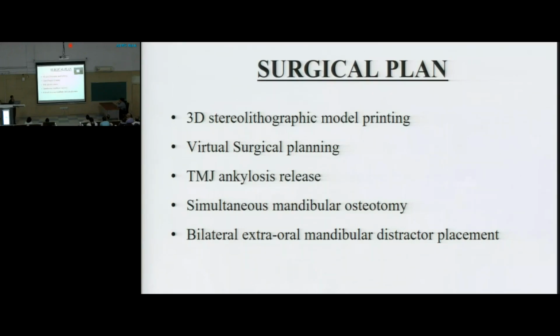This is very important because if distraction is not done, if the mandible is not brought forward, the mandible can fall back, and this can cause a disastrous complication to the patient, which may even lead to airway compromise and tracheostomy. So the mandible should also be considered for the patient. For this patient, we planned simultaneous distraction and release of the ankylosis.